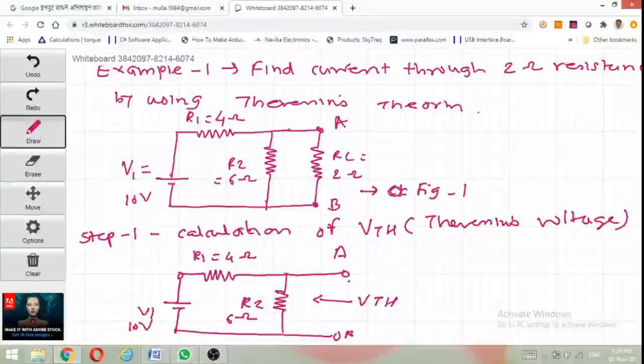This voltage is VTH, the terminal voltage.